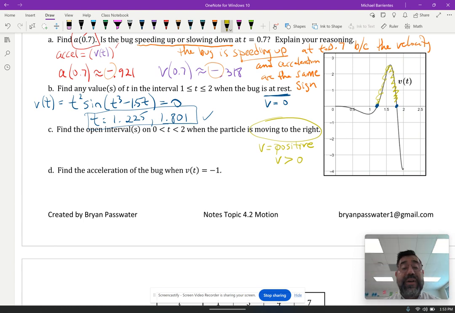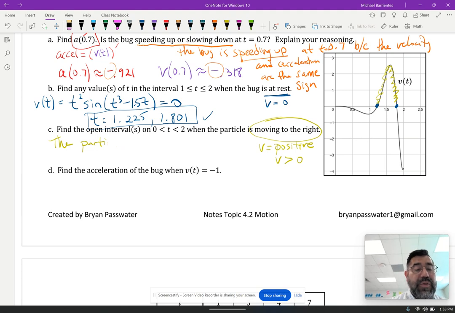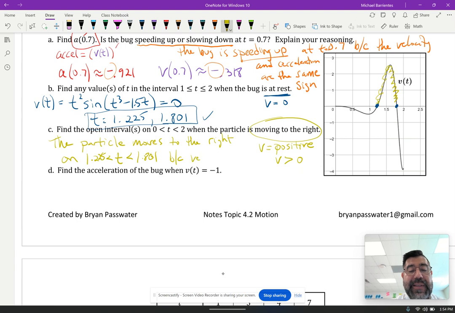Oh, but we just found where those 2 points are. We said those 2 points are at 1.225 and at 1.801. So therefore, we can say the particle moves to the right on the interval of time between 1.225 and 1.801 because the velocity is greater than 0.